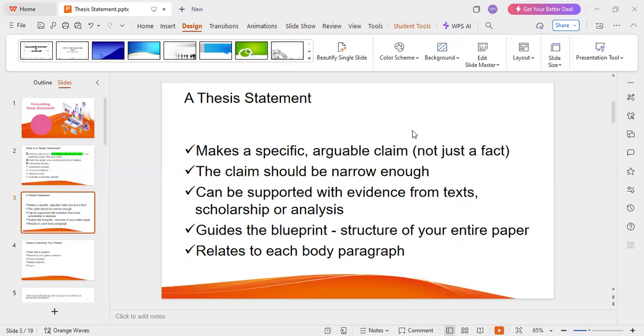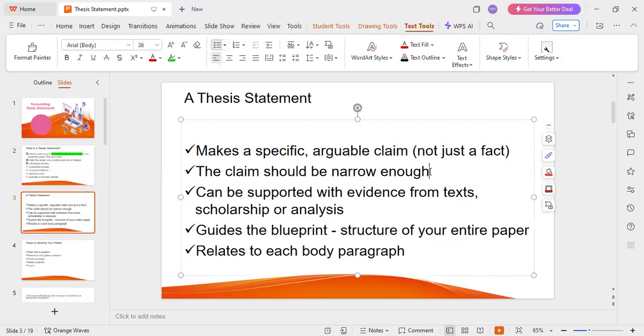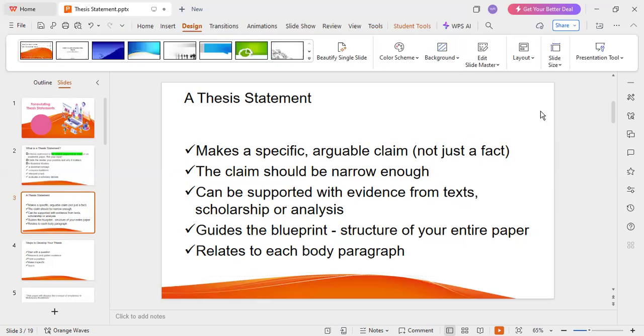Yeah, so as we have only 1 hour, I'll just move to the explanation. So the claim must be narrow enough. That means it should be narrow enough to defend thoroughly within the paper scope. If your thesis statement covers a very vast scope, talking about all the things in the world, right?